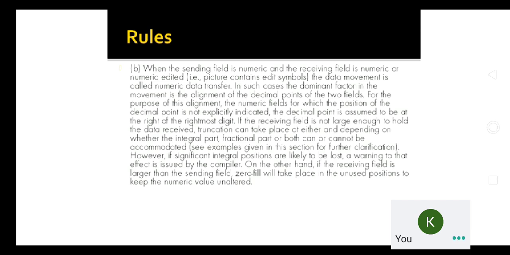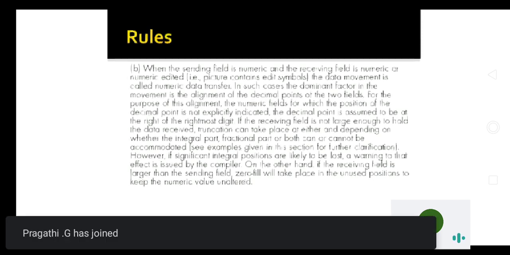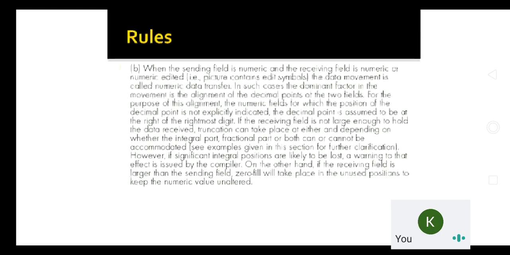So once again I would like to explain. The sending field consists of a 4-digit position, and the receiving field, suppose, has just a 2-digit position, then what will happen? The receiving field will occupy only the leftmost 2 digits, and the rightmost 2 digits will be truncated. Suppose the receiving field size is lesser, or smaller compared to the sending field, automatically the truncation will happen.